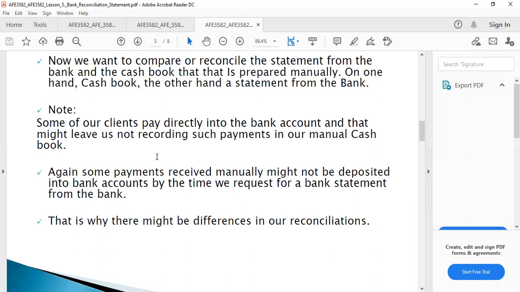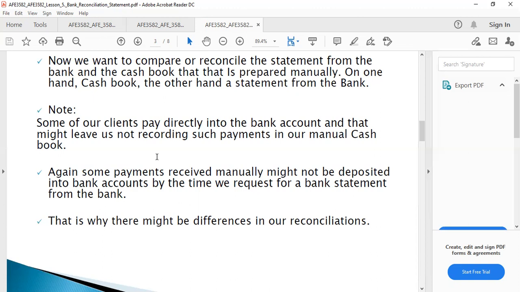Let me say I gave you that check on the 30th of October, and your bank statement was sent immediately at 12 on the 31st. You understand? So you did not get time to go to the bank and deposit that check. So it won't appear on your bank statement, but yet you recorded it in your cash book that your bank has increased.